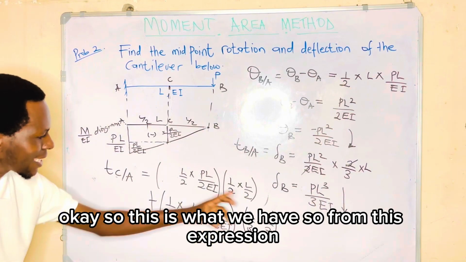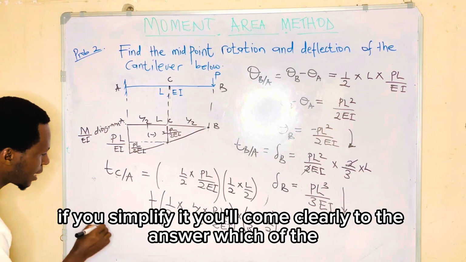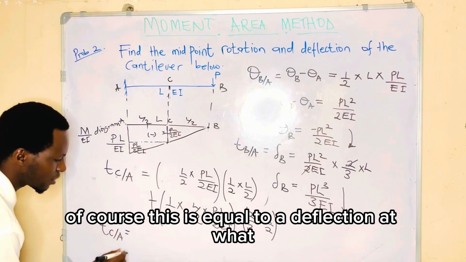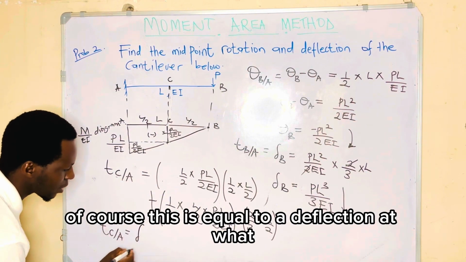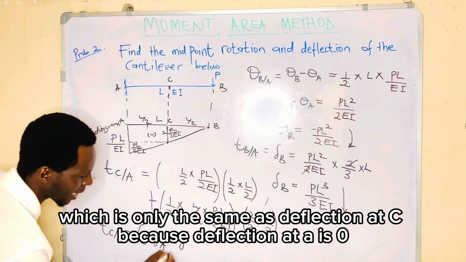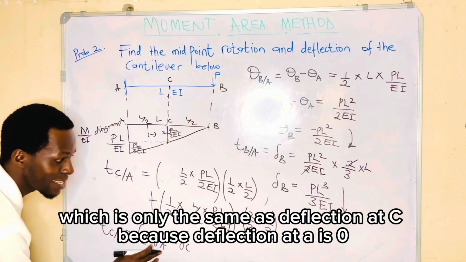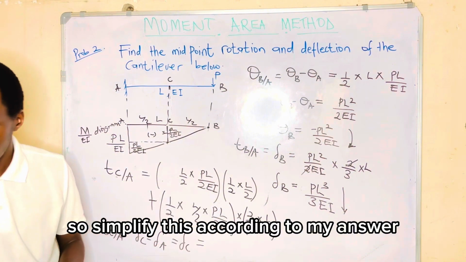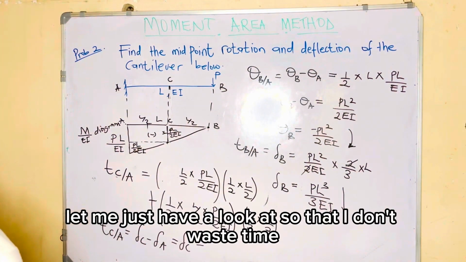So from this expression, if you simplify it, you will come clearly to the answer. Which of course is equivalent to the deflection at C minus the deflection at A, which is only the same as the deflection at C because the deflection at A is 0. So simplify this. According to my answer, let me just have a look so that I don't waste time.